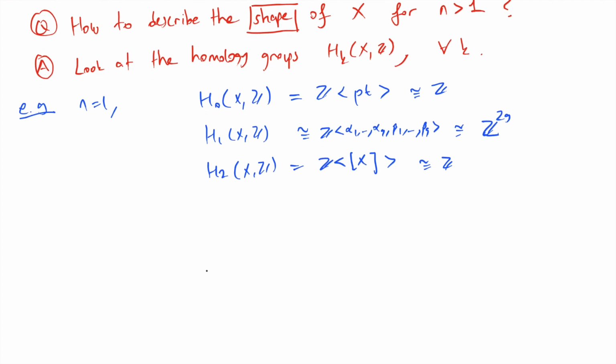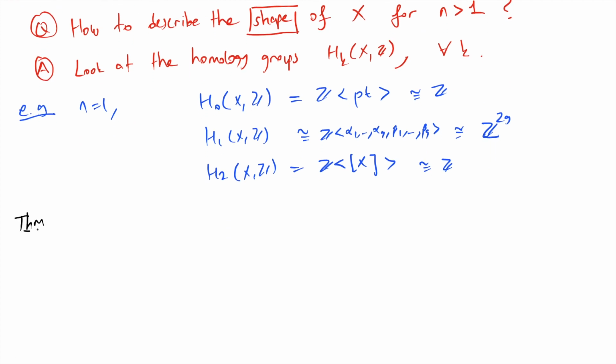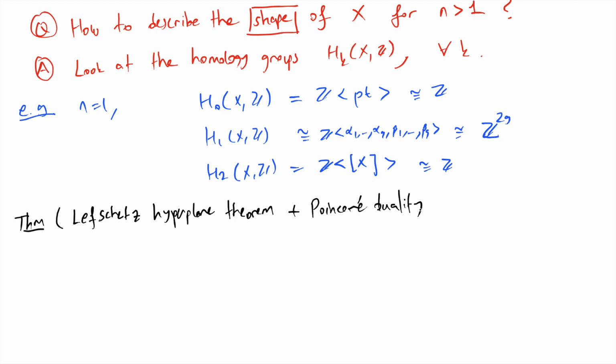So this is actually a very important theorem. This theorem is stronger than how I will use it here. I will apply it to hypersurfaces, but it's called the Lefschetz hyperplane theorem. And I'm going to combine this with Poincaré duality. So if you're interested in proving it, those are the two ingredients. So the statement goes like this. Take H_k(X, Z).